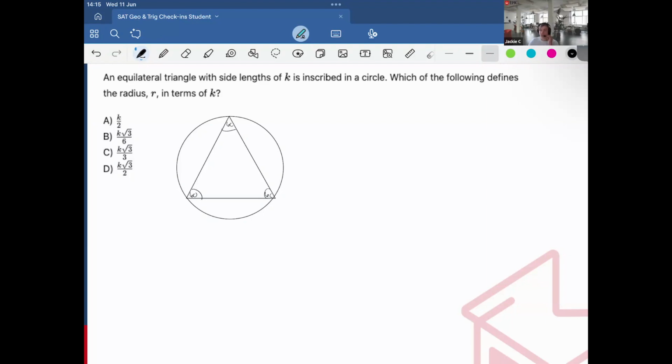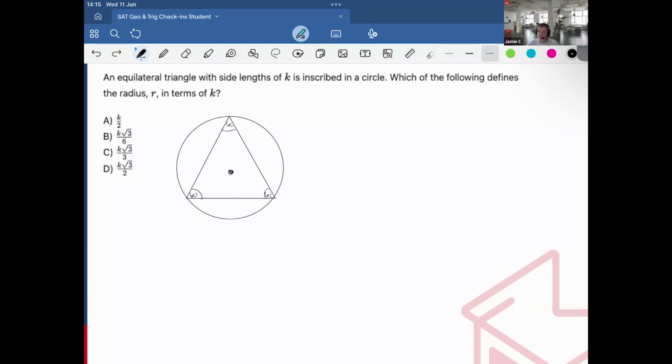So very important when you have an equilateral triangle that's inscribed in a circle, this is not the center and this isn't the radius.